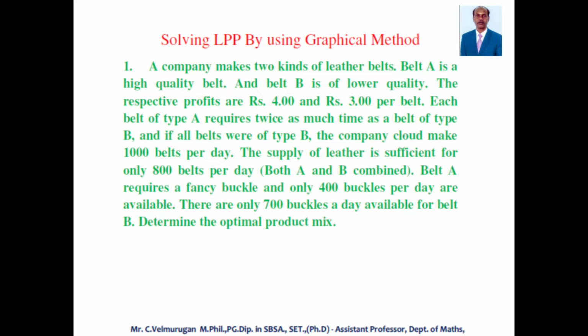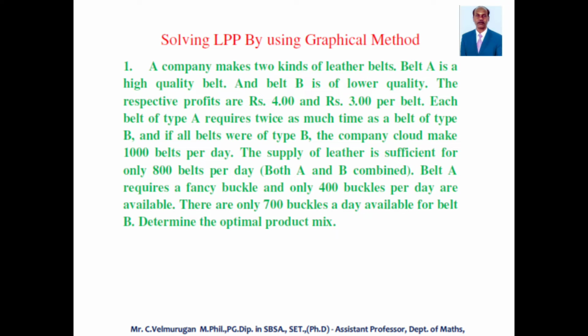Each belt of type A requires twice as much time as a belt of type B. So if you want to produce belt type A, it needs twice as much time as producing belt B. And if all belts were of type B, the company could make 1000 belts per day.